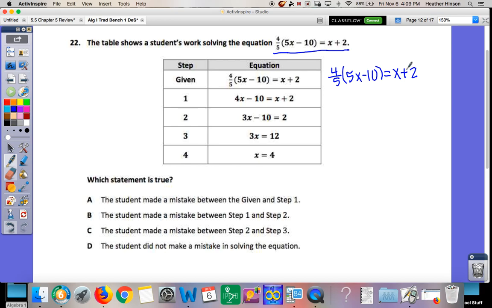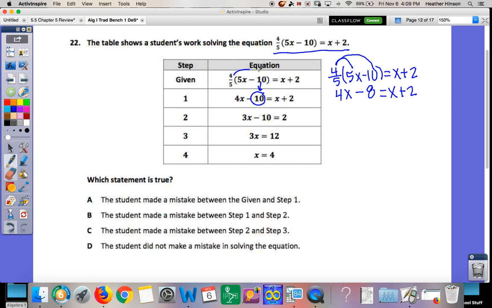What would we do next? We would distribute 4 over 5 times 5x is 4x. 4 over 5 times negative 10 is negative 8. Bring down the other side. Did they do that correctly? No. They just brought down the negative 10.